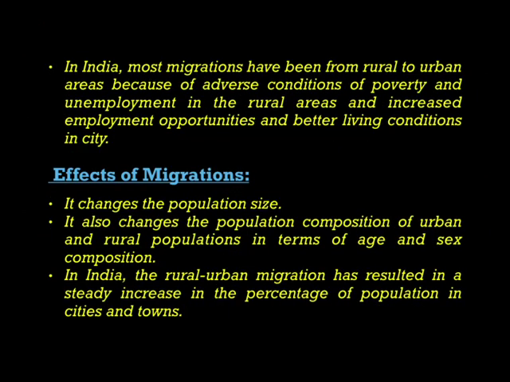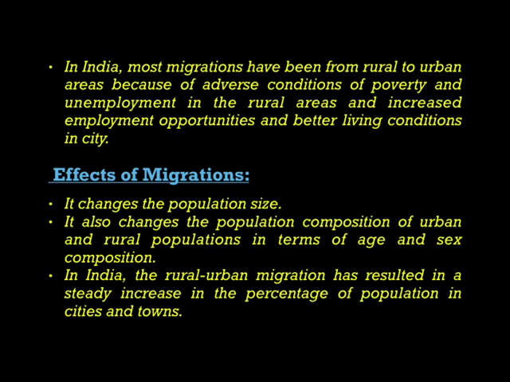In India, most migrations have been from rural to urban areas because of adverse conditions of poverty and unemployment in the rural areas and increased employment opportunities and better living conditions in the city. So what are the effects of migration? It changes the population size. Of course, it will increase the population in one part of the country.